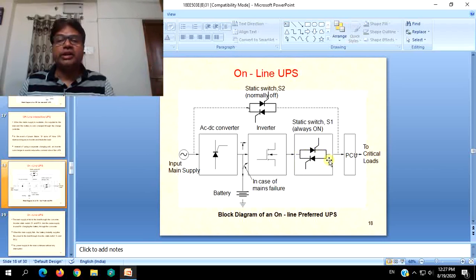There will not be any need of turning on and off or changeover times, and that will be processed in the control unit where wave shaping is done. When compared to offline preferred and offline interactive UPS, the shape of the waveform coming out of the online UPS is much nearer to a sinusoid, and that is fed to the critical loads.